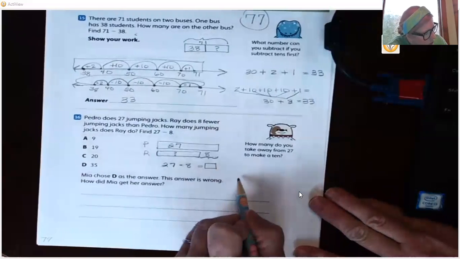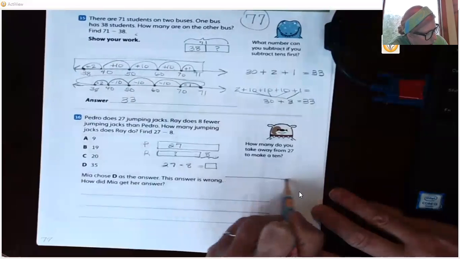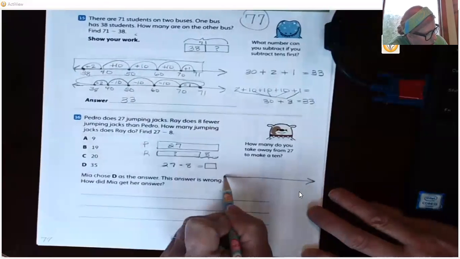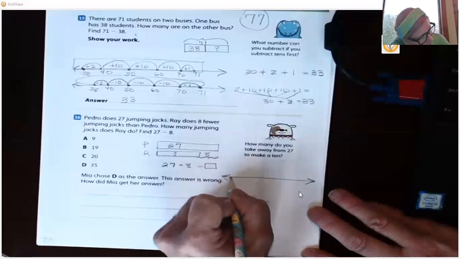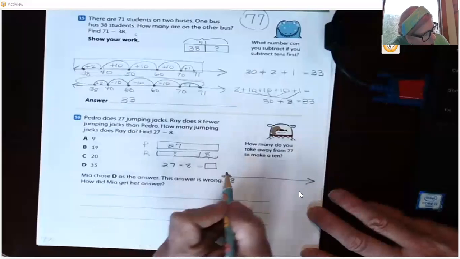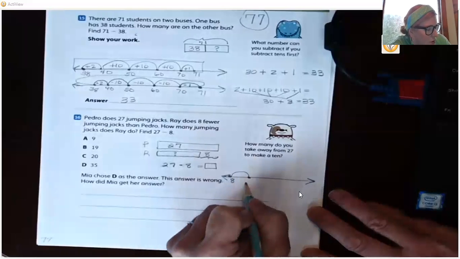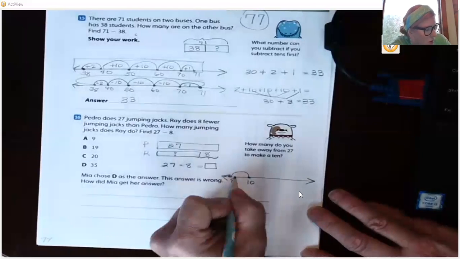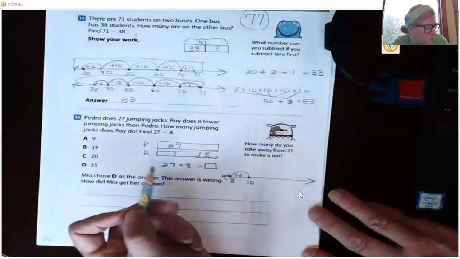Okay, I'm going to go over here. I'm going to do a number line, and I'm going to start with the 8. I'm going to go to the next number that ends in a 5 or a 0, and I'm going to get 2.